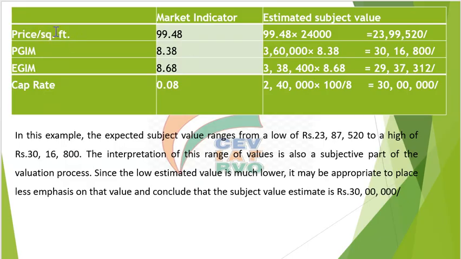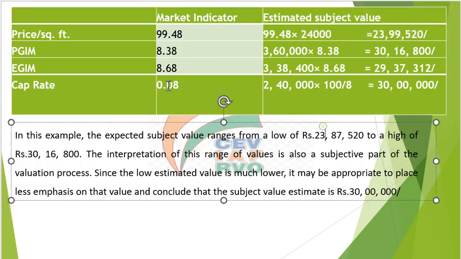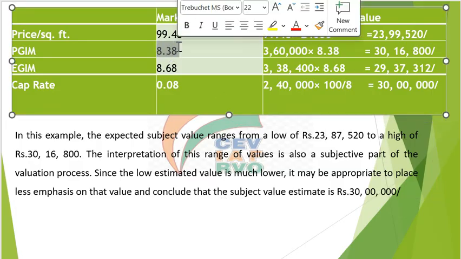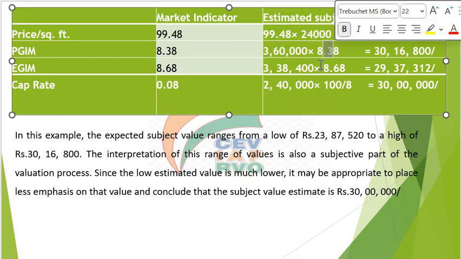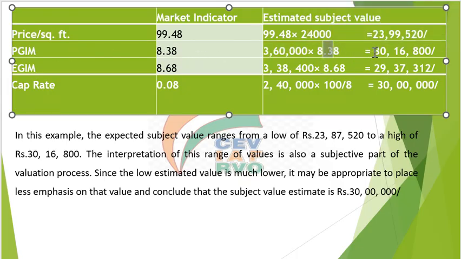See, price per square feet is 99.48, area is 24,000, so 23,99,520. Potential gross income multiplier is 8.38. The potential gross income of the subject property you have calculated is 3,60,000. You multiply it with 8.38. So the value from potential gross income comes to 30,16,800.